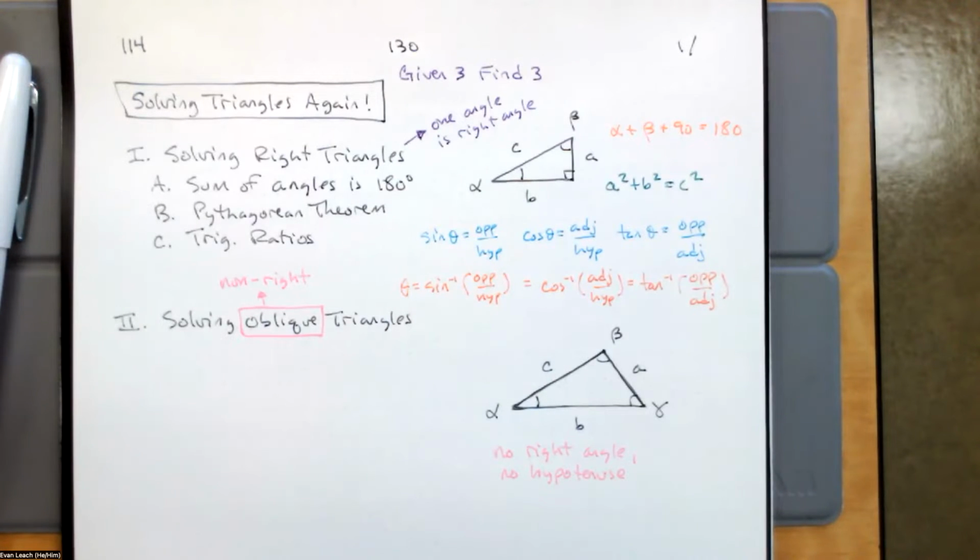No right angle and no hypotenuse means that our Pythagorean theorem is out. Our trig ratios are out. Even though tangent has opposite and adjacent, that's opposite and adjacent where the third one is the hypotenuse. So no right triangle and no hypotenuse means we don't have the Pythagorean theorem, and we don't get to use our trig ratios in the same way.